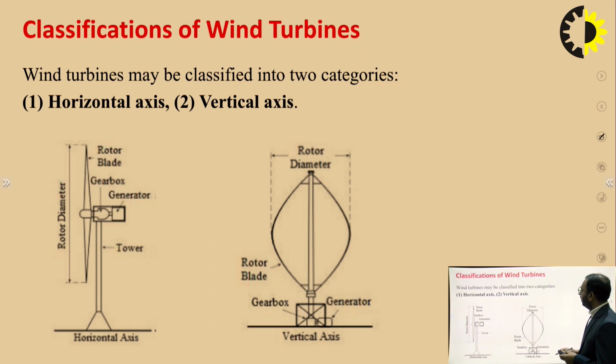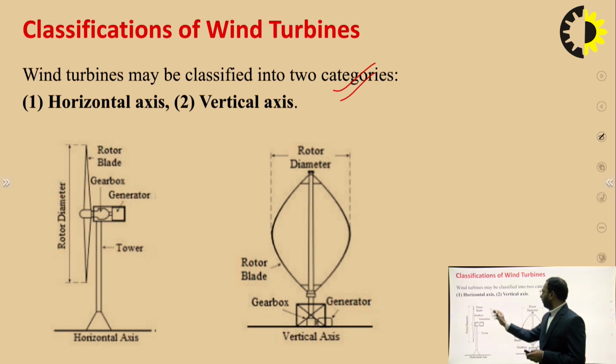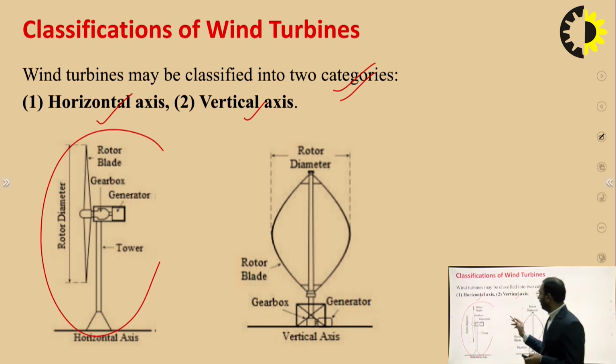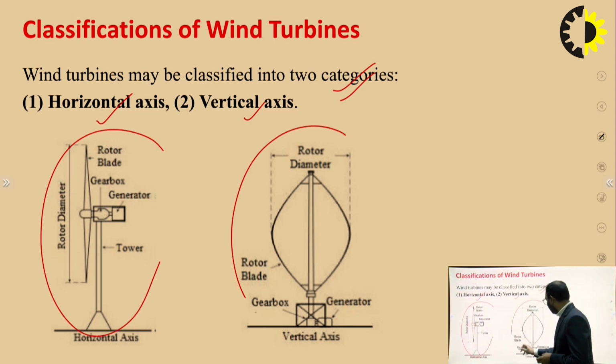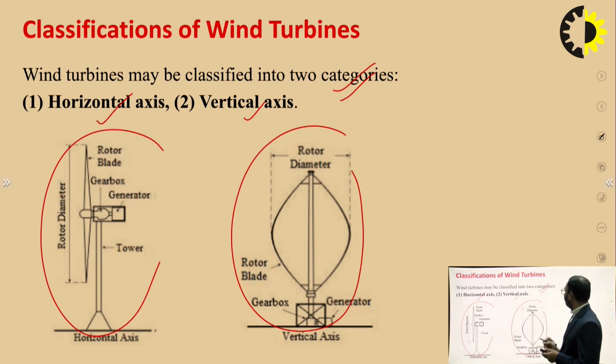Then further, wind turbines may be classified into two categories: horizontal axis and vertical axis. So this is the horizontal axis type wind turbine, and this is the vertical axis type wind turbine.